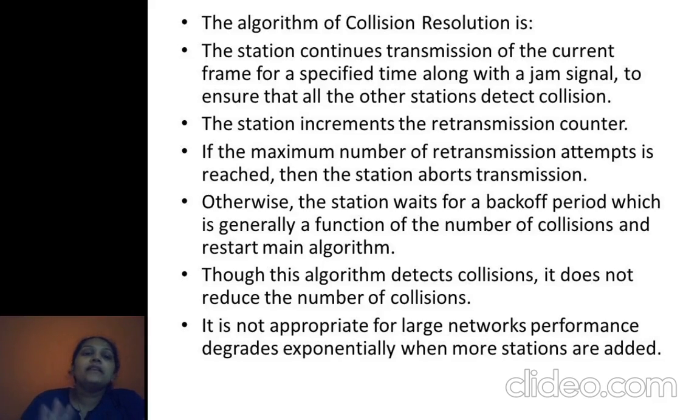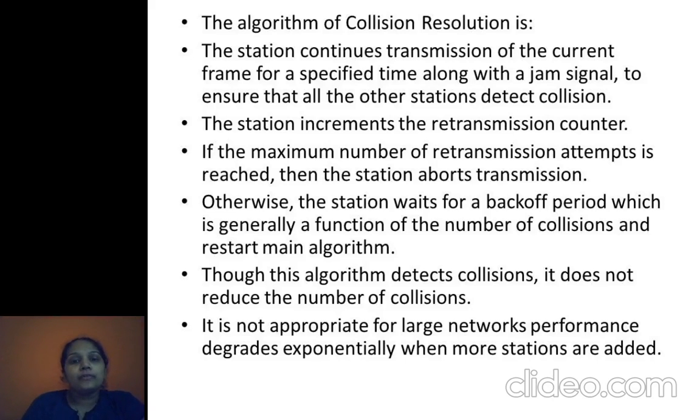This is the simplest thing they use in the detection of collision. This algorithm detects the collision, but it does not reduce the actual number of collisions. It just helps us send the data properly, without a collision happening.